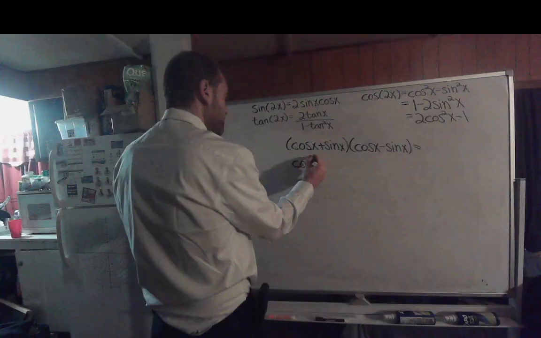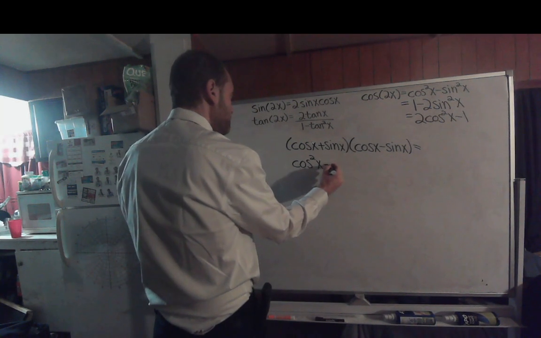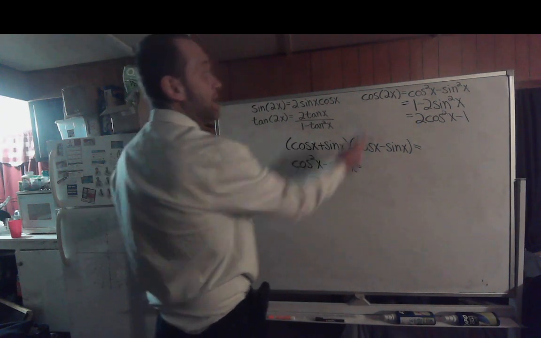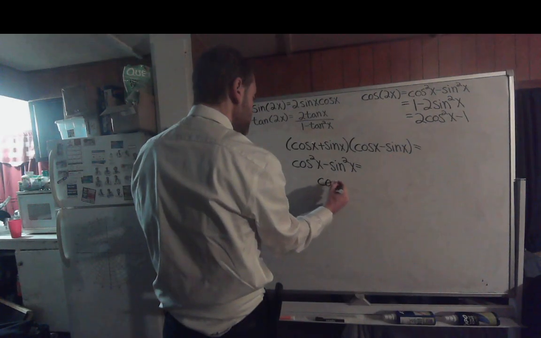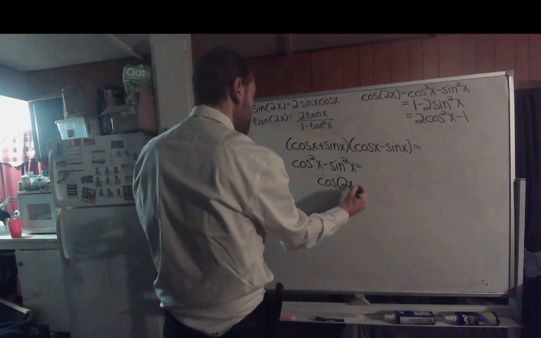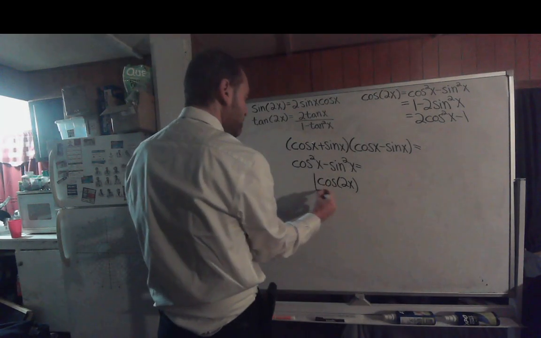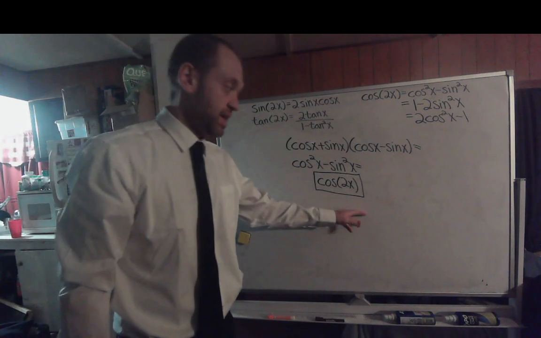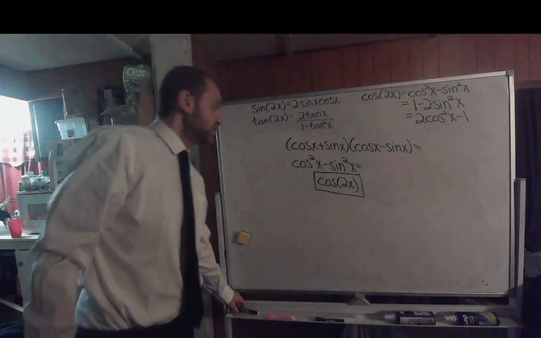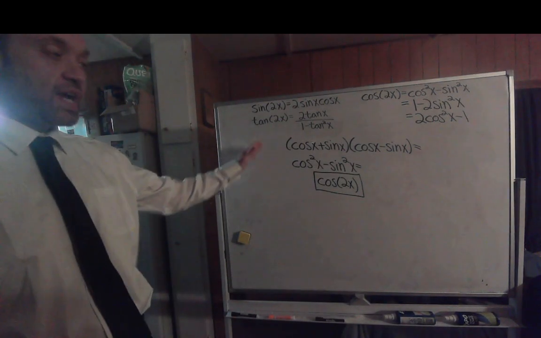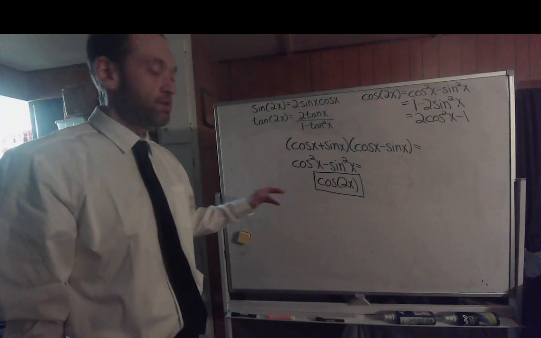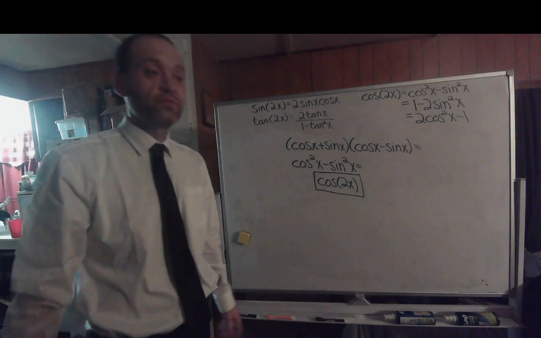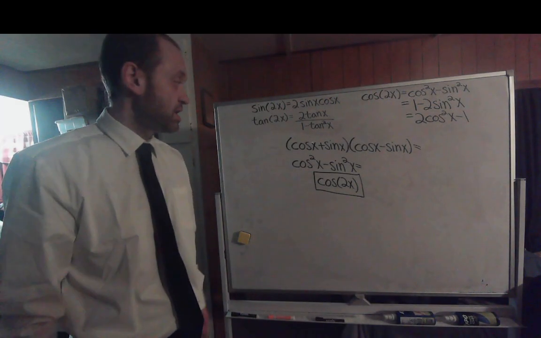You would end up getting the cosine squared of x minus the sine squared of x, better known as the cosine of 2x. So all this got simplified nicely into the cosine of 2x. So the moral of the story with these last 4 exercises we just did is look for ways to simplify expressions. That's going to be especially useful once you get into calculus.